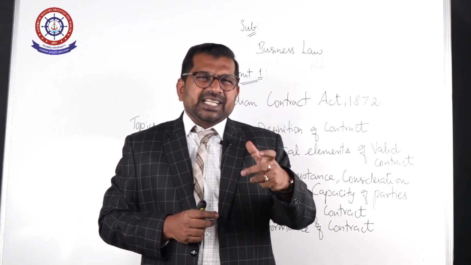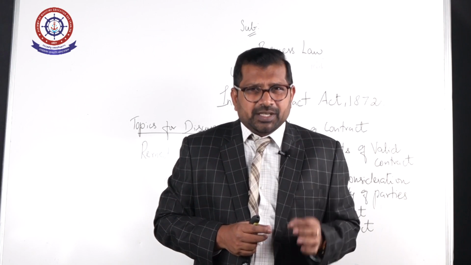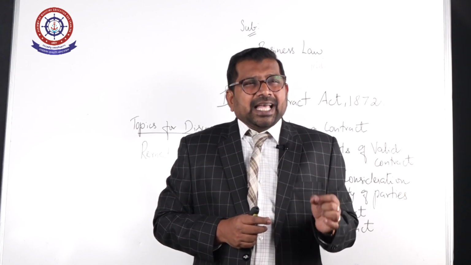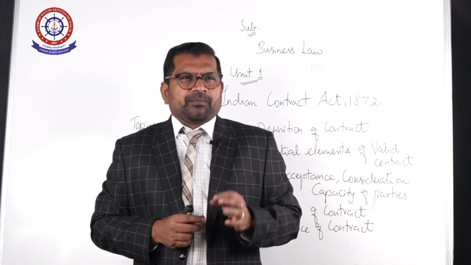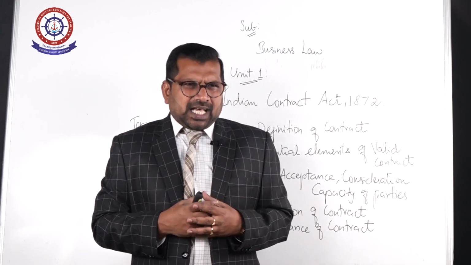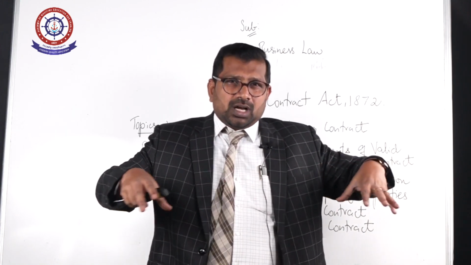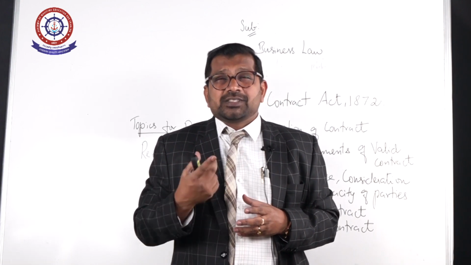Next one is certainty of terms, section 29 of Indian Contract Act 1872. Agreement must be precise and must not be vague. For example, A informed C that he will sell his car, but A has 4 cars, and nothing is stated about which car is going to be sold.